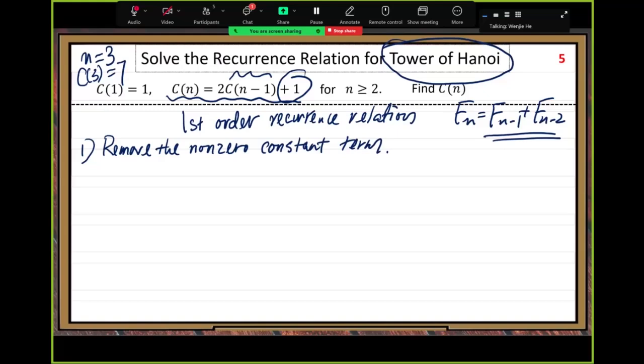The question is how to remove that non-zero constant. Here, we use a special technique. So let me write this equation again. C of n equals 2 times C of n minus 1 plus 1. Let's do the manipulation on this equality.